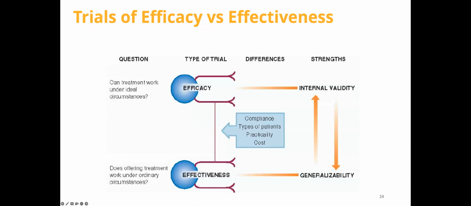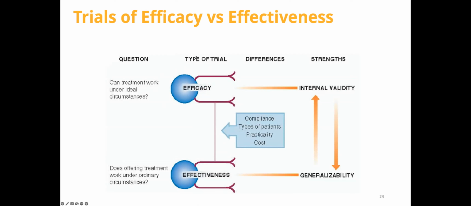So I talked about this a little bit earlier, I think. I certainly talked about efficacy, but we have to distinguish between trials of efficacy and trials of effectiveness. So in the situation where we're looking at effectiveness or efficacy studies, what we're really looking to see is whether or not a particular treatment works under ideal circumstances.